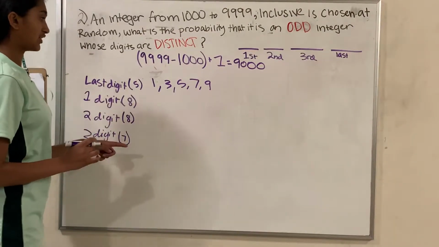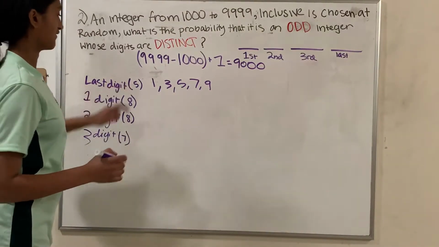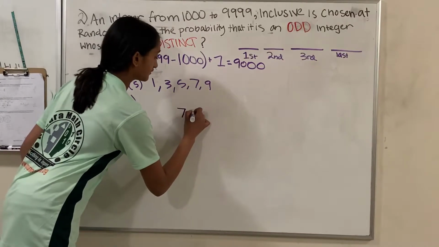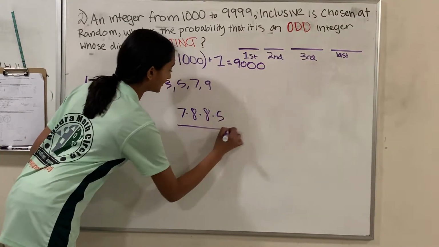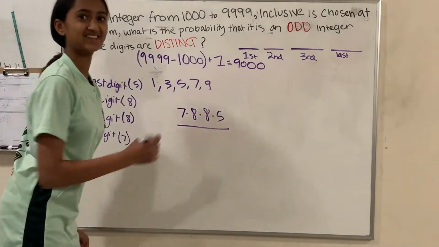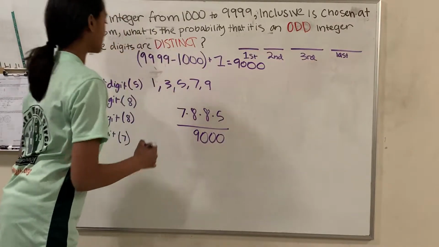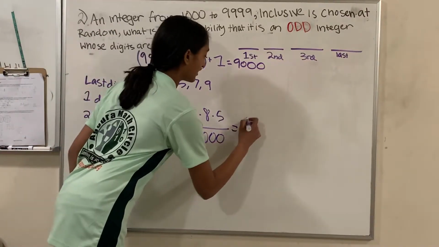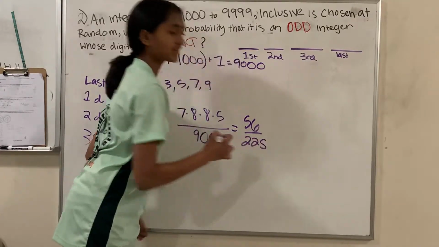So after you've done this, you would have to multiply 7, 8, 8, and 5. And then you have to put it over 9,000 because it is the total number. When this is done, you will get a total of 56 over 225.